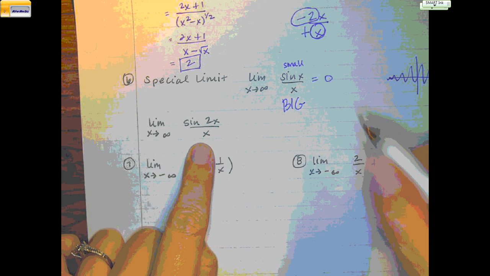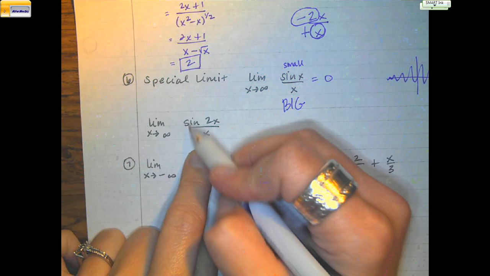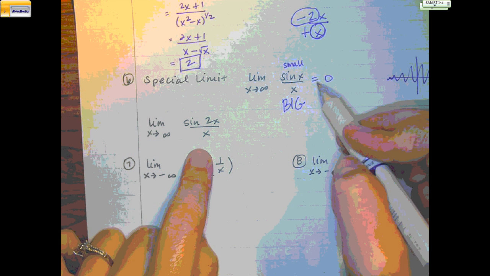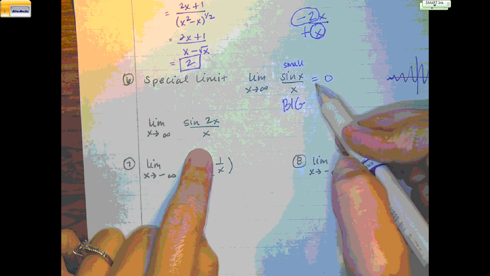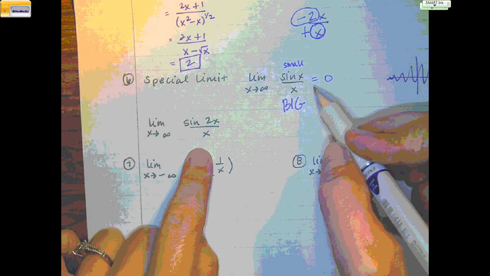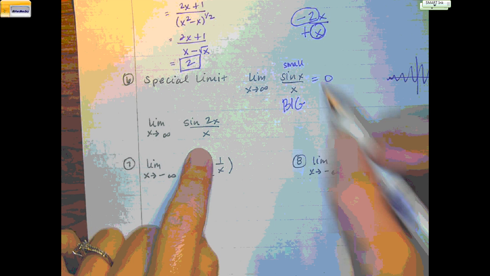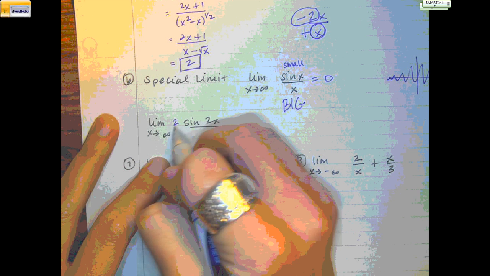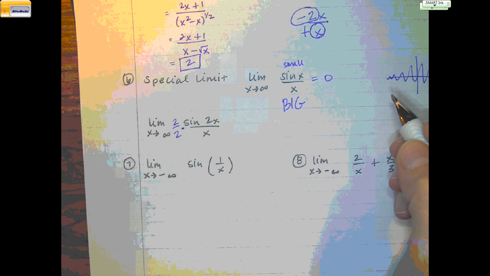What would be cool is if I could make this guy right here look like this one, then I'd know something about it. You guys remember how to do that? Do you remember that we could multiply by 2 over 2, which is perfectly legal because it's 1, all dressed up?